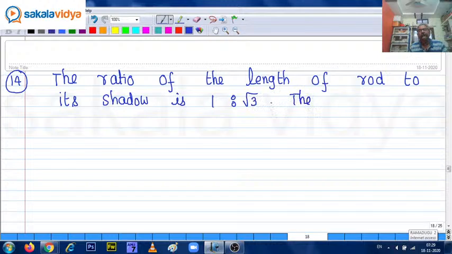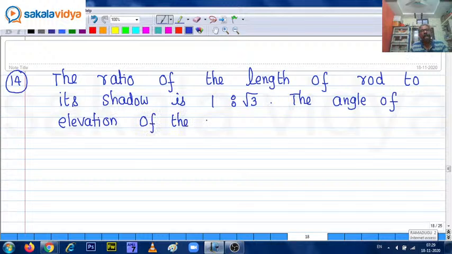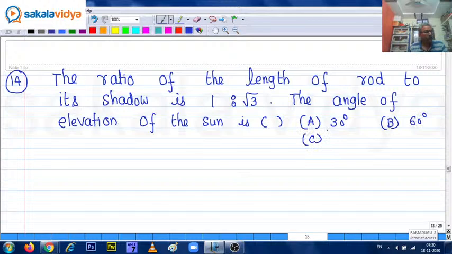The angle of elevation of the sun is: A 30 degrees, B 60 degrees, C 45 degrees, D 90 degrees.